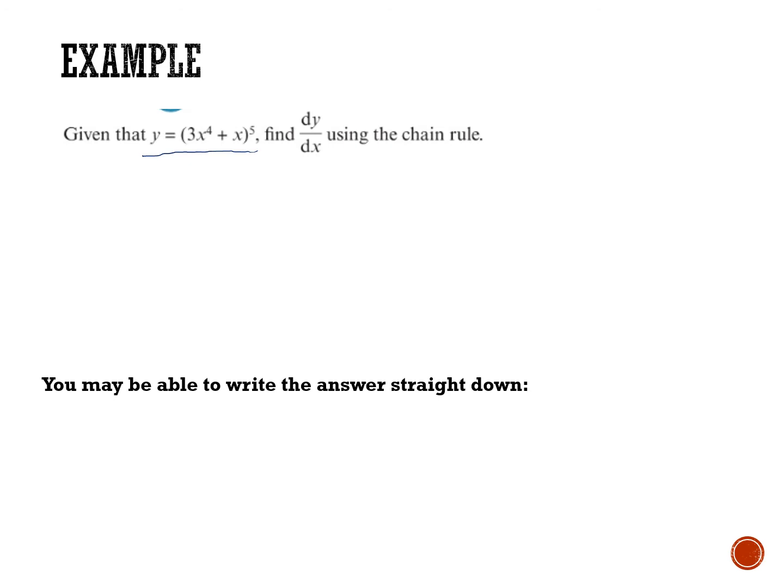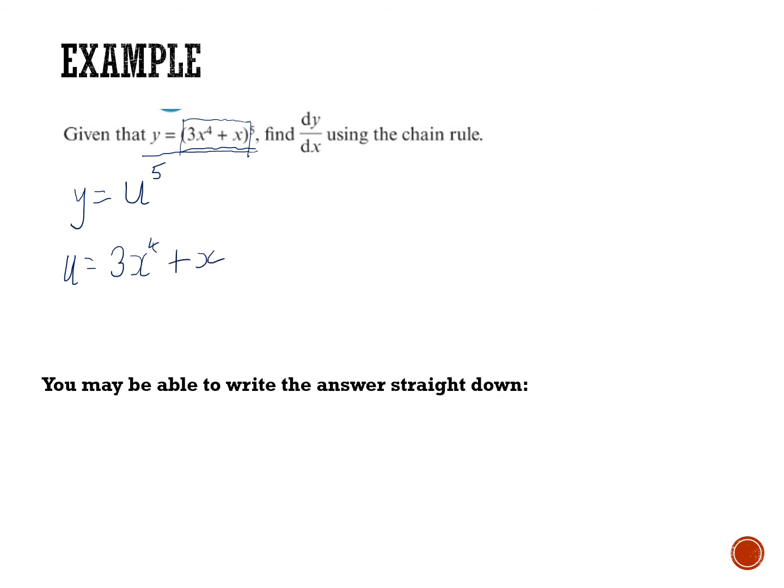So when you've got some bracket raised to a power, this is what is going to be my u. That's my bit I'm going to do first. So if I split it like I did on the previous examples, y is equal to u to the power 5, where u is the thing that's in the bracket, 3x to the 4 plus x.